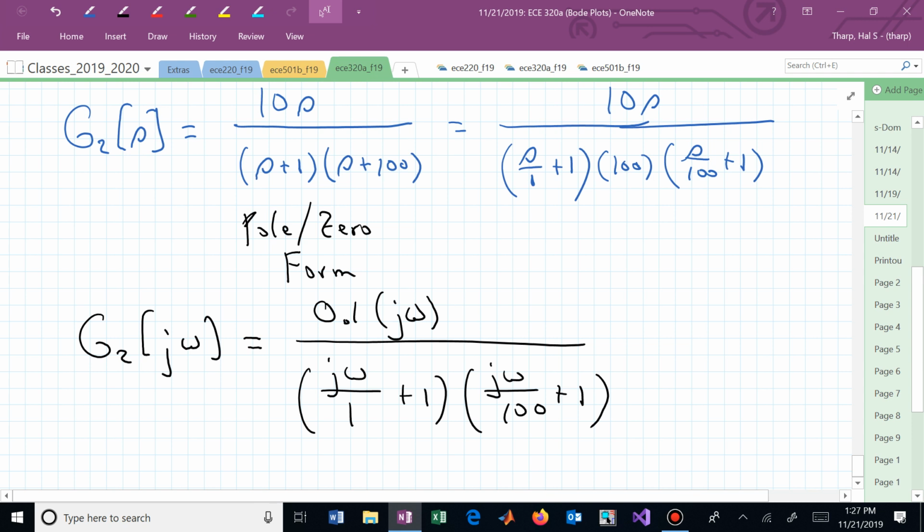We would say, okay, what's the phase? Well, what's the phase contribution of this first pole factor at 0.1 that we've agreed to? 0. How much phase is the second factor contributing at 0.1 omega? 0. The only thing that's contributing angle is that 0 at the origin.